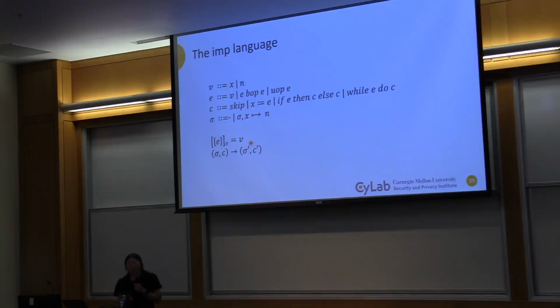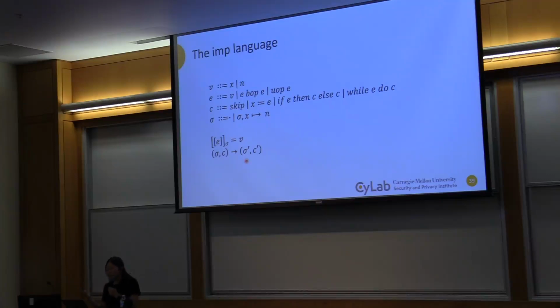Expressions are considered effect-free in the sense that they don't modify memory, so I'm going to use this notation saying the expression e under sigma gives me a value v. You can imagine the evaluation: if it's x, I just look it up. If it's a binary operation, I evaluate both operands, then compute the final result. That's the simple semantics. And then I have command semantics.